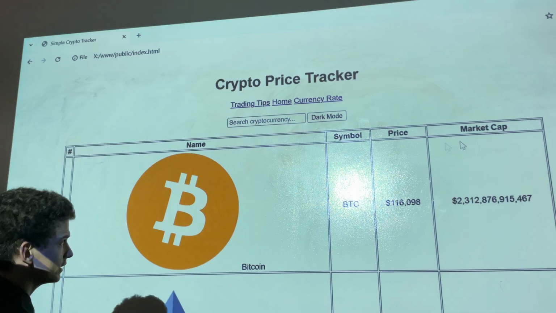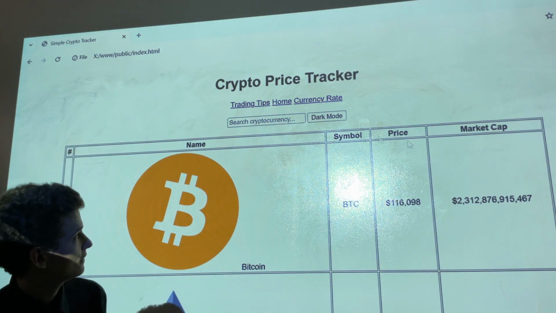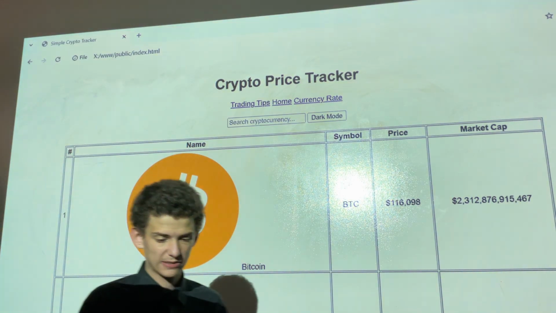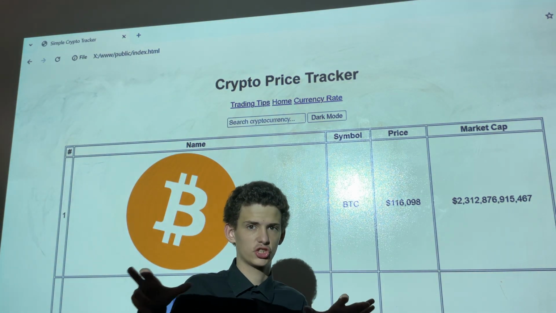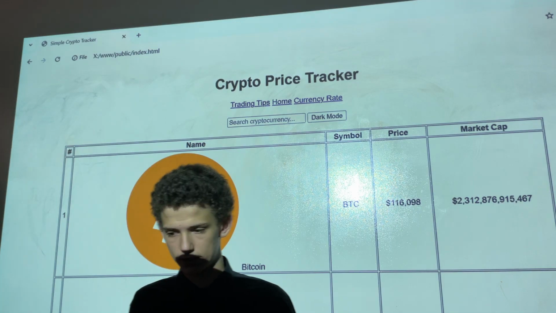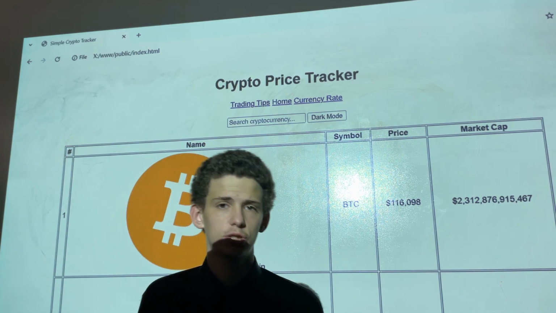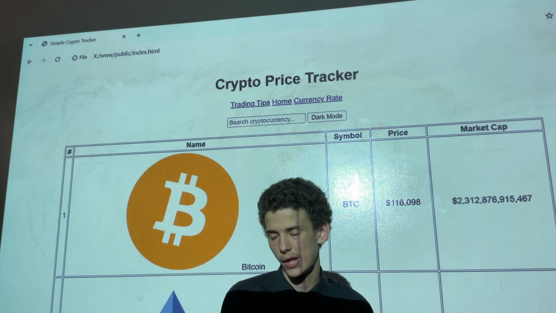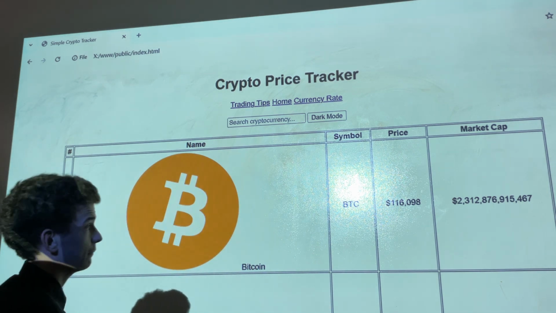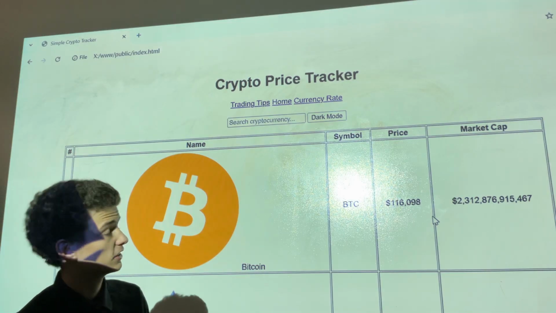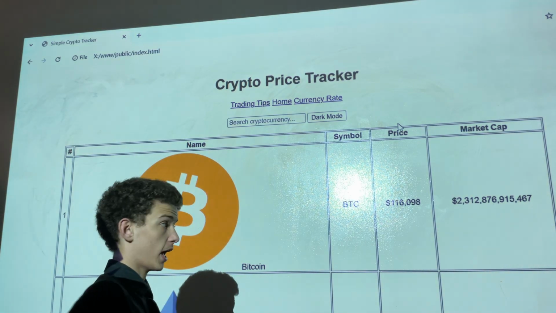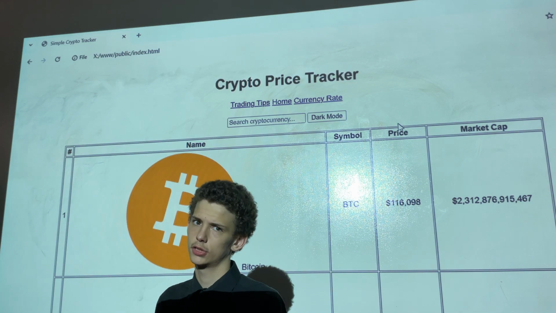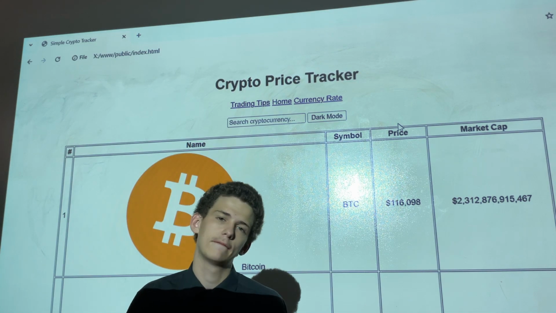This is to make it simple and easy for people to see the price and market cap. Market cap is the amount that can be sold, because there is a limited amount of cryptocurrency for that crypto type. Bitcoin's almost out. As I mentioned earlier in the introduction, there is supply and demand.